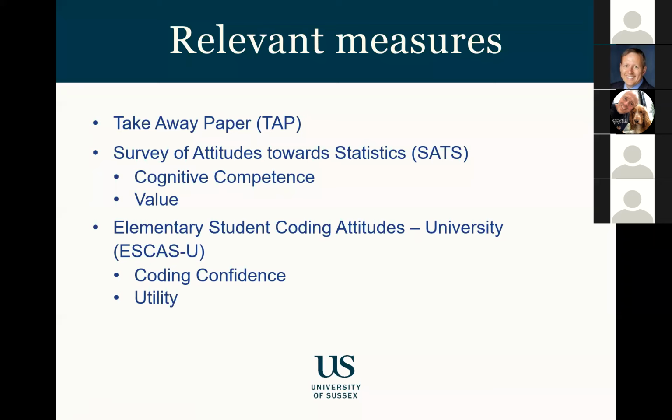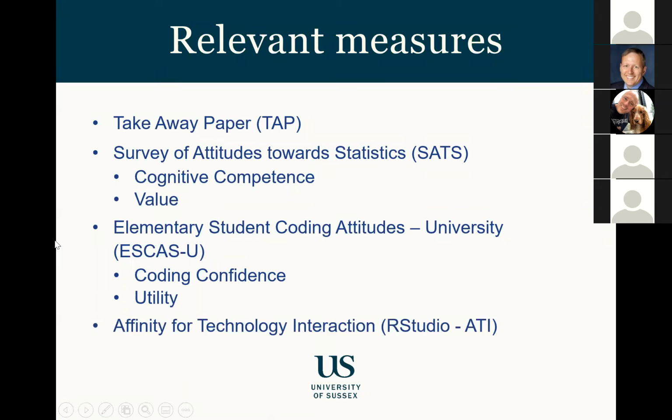We've adapted it to be used in a university setting, specifically in a non-STEM context. And this is to measure confidence and attitudes towards coding. For this, we have also included the coding confidence subscale and the utility subscale to mirror the subscales we've chosen from the SATs. And then lastly, we are including the Affinity for Technology Interaction scale.